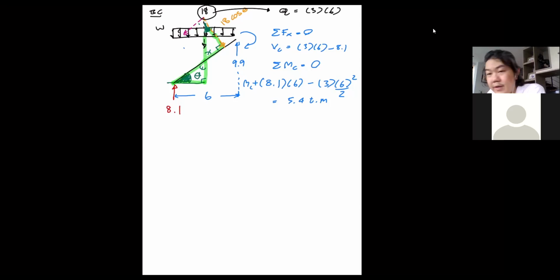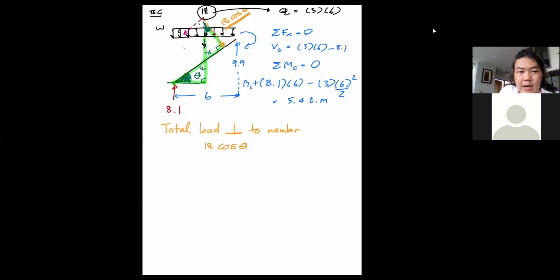So now the load that is perpendicular to your member is 18 cosine theta. That is the total load, okay? Total load perpendicular to member is 18 cosine theta. That's a total load.